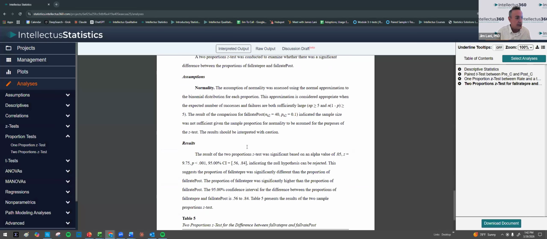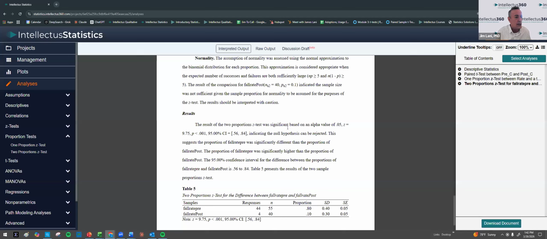And here, there's an assumption of normality. We can also see that was significant. And the implication is that that proportion of 80% does differ from that proportion of 10%. You have to run the test though.